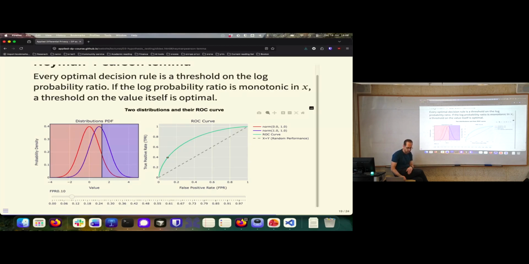If the log probability ratio between the 2 distributions is monotone in the value, in the case of a one-dimensional distribution, then a threshold on the values, of course, corresponds to a threshold on the log probability ratio. And since the threshold on the log probability ratio is optimal, the threshold on the value is also optimal.